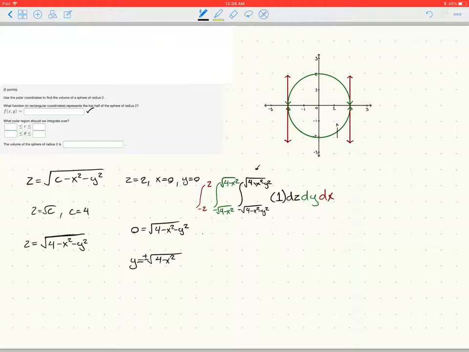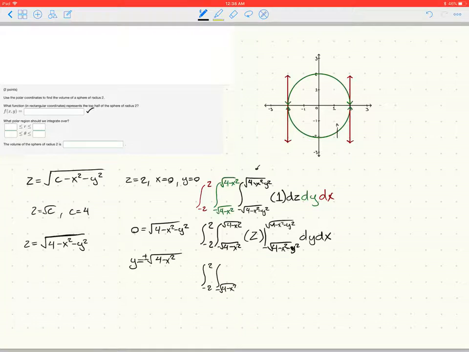And now in order to convert this to polar coordinates, we're going to have to simplify this further. So we get the integral from negative 2 to 2, and since this is just going to be a z from negative square root of 4 minus x squared minus y squared to the positive square root of 4 minus x squared minus y squared, and then dy dx come along for the ride, we get the integral from negative 2 to 2, the integral from negative square root of 4 minus x squared to square root of 4 minus x squared.